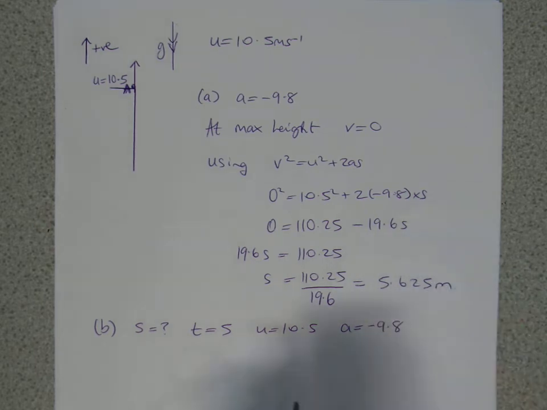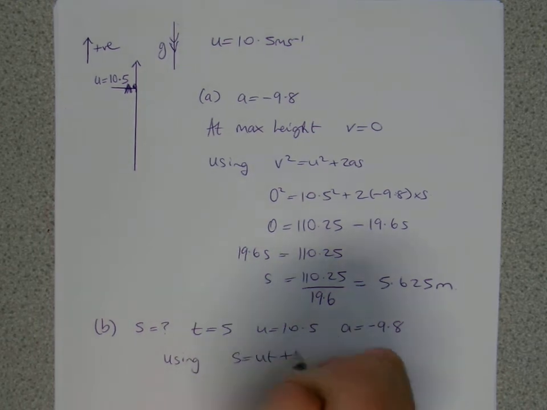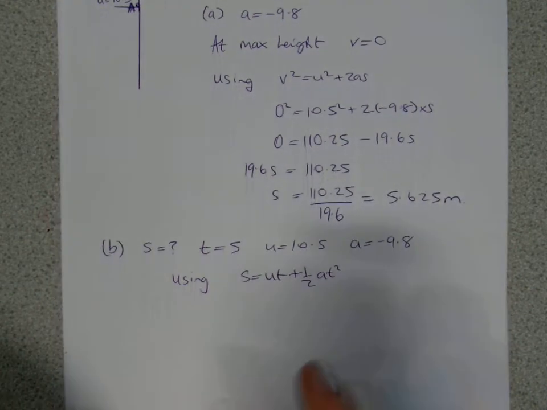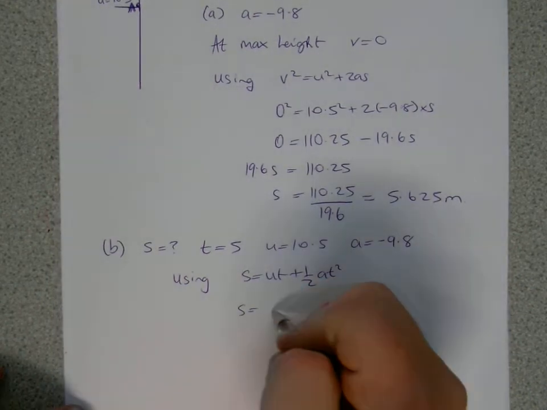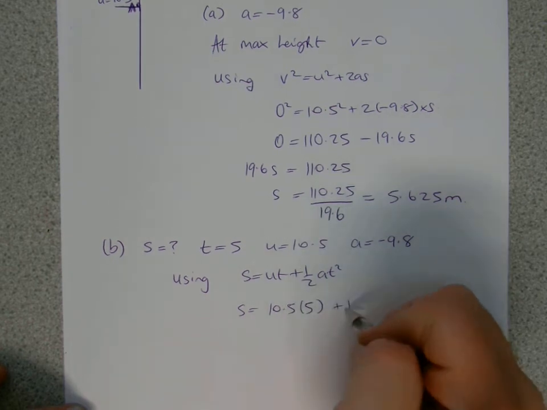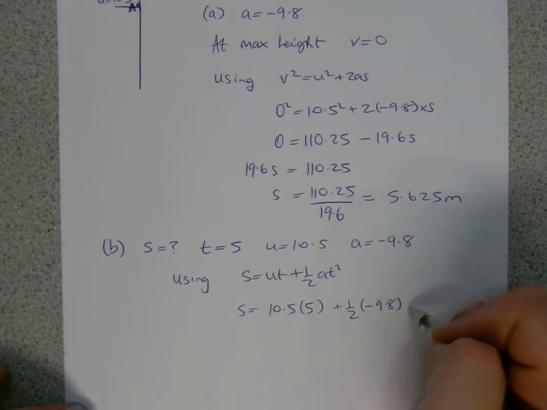So I think here we can use s equals ut plus half at squared, okay? So we can just chuck the numbers in. s equals 10.5 times time, which is 5, plus half times minus 9.8 for acceleration, times then t squared, which is 5 squared.